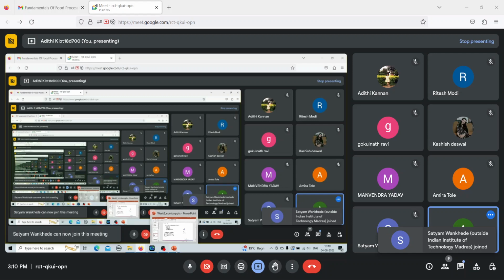For a Maxwell model, where the spring and the dashpot are connected in series, it is the other way around. Your stress will be the same, and your strain will be different. I hope this is clear.